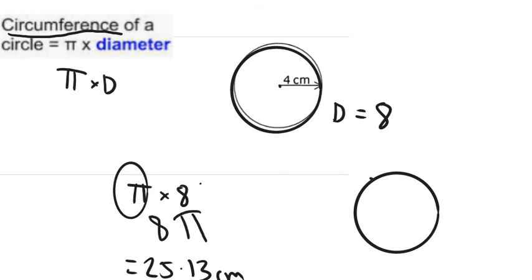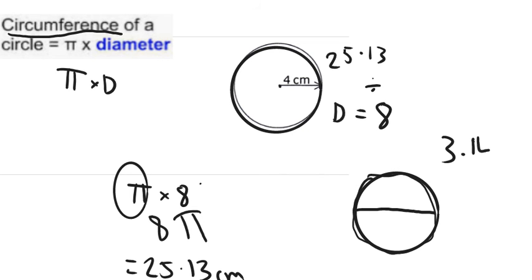If you were to measure how far it is all the way around the circle, and then divide that by the diameter of the circle, in this case the circumference was 25.13, and the diameter is 8. If you do 25.13 divided by 8, what you'll end up getting is 3.14, which you should know is pi.